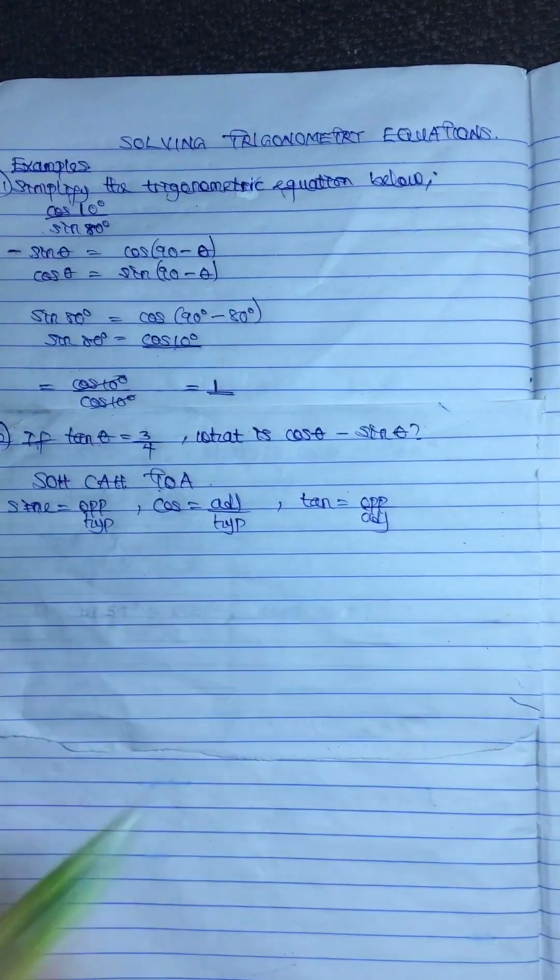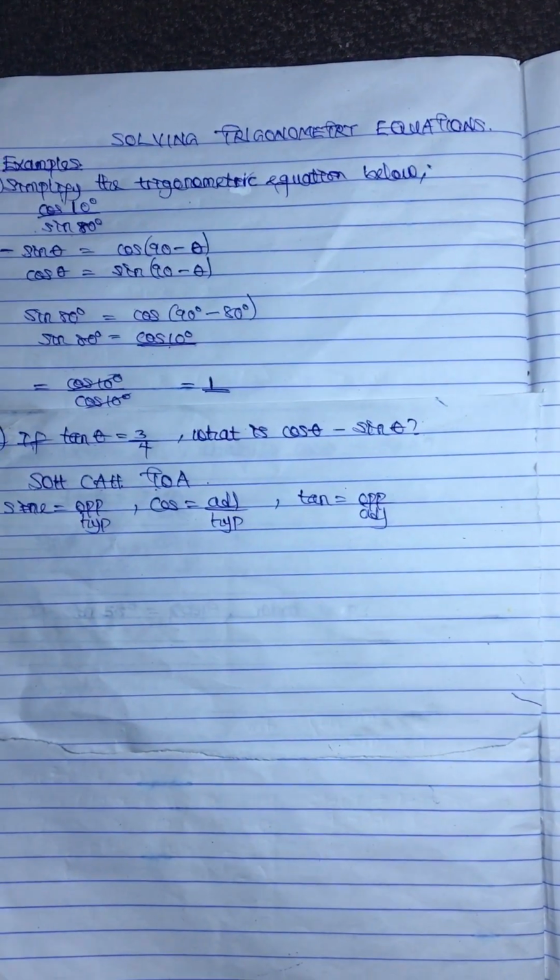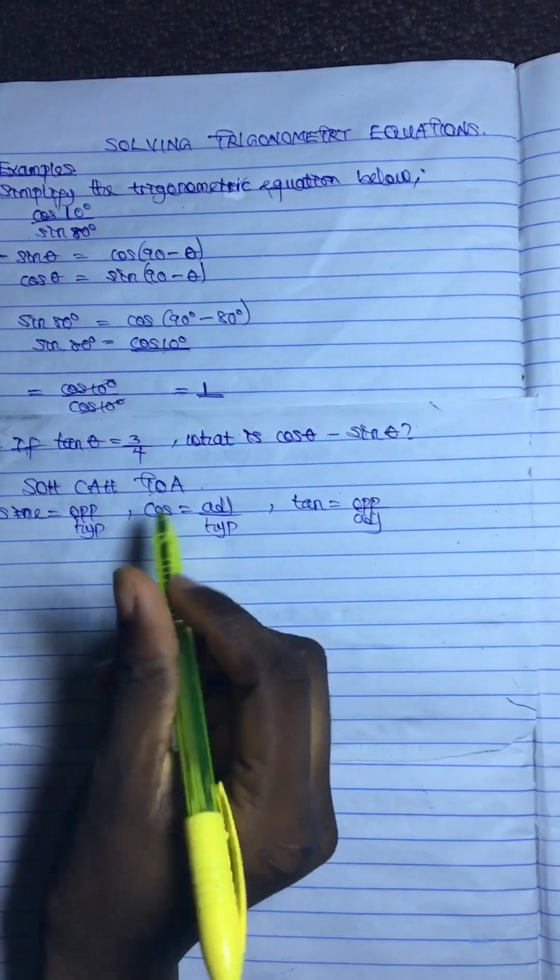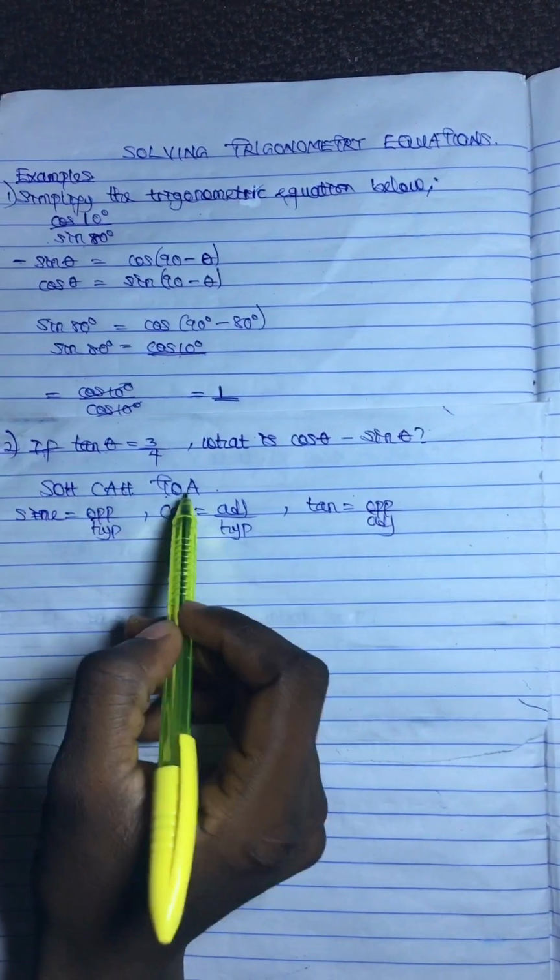These are the simple formulas that are used to calculate special angles, different angles for sine, cos and tangent.